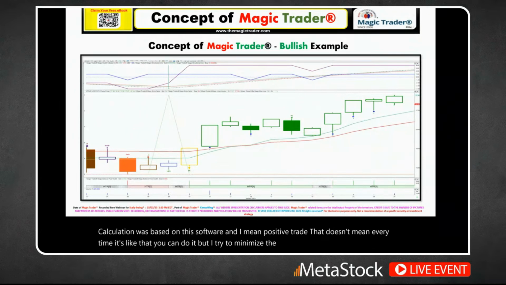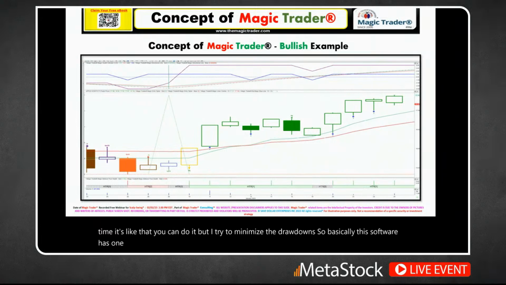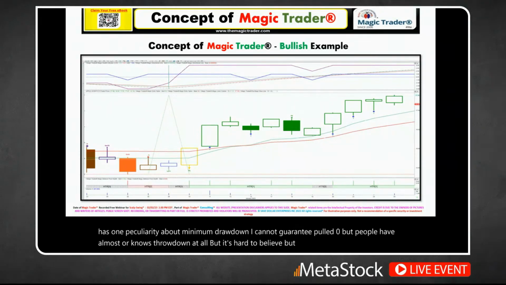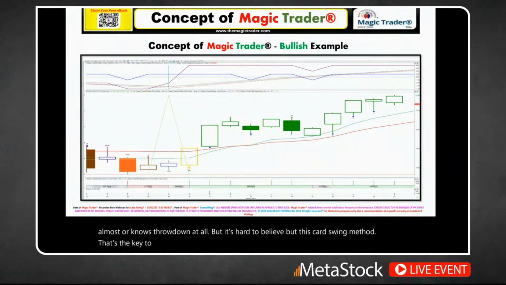This software has one peculiarity about minimum drawdown. I cannot guarantee 0%, but people have witnessed almost no drawdown at all. It's hard to believe, but this scalp swing method is the key to practice and master.